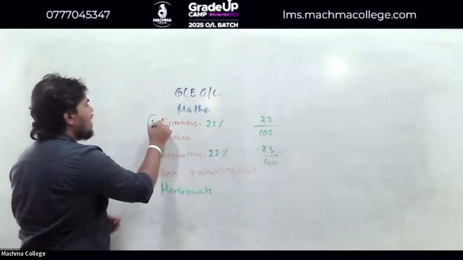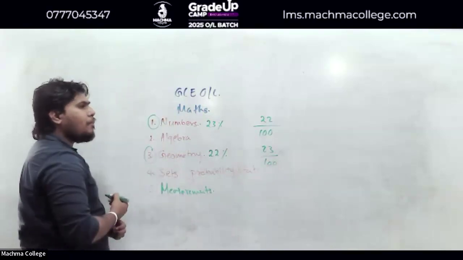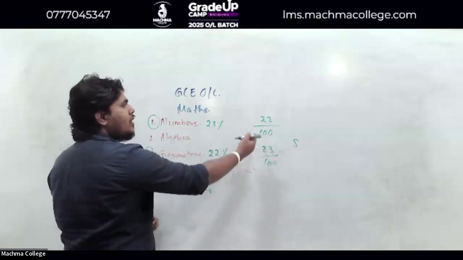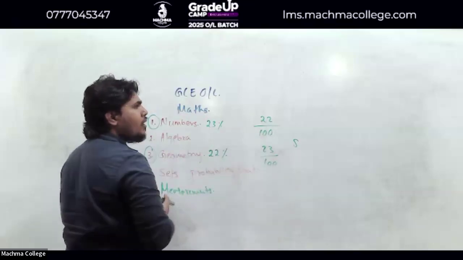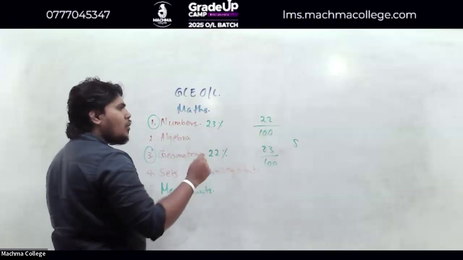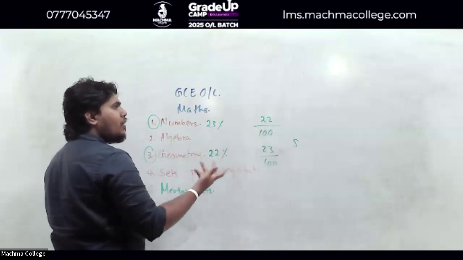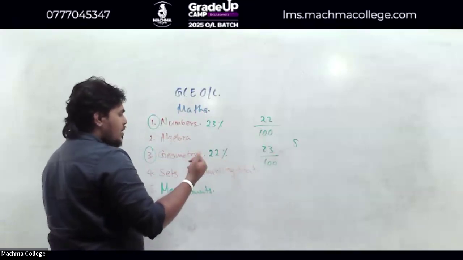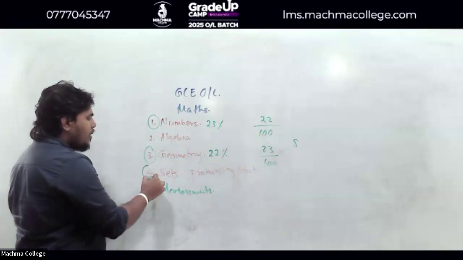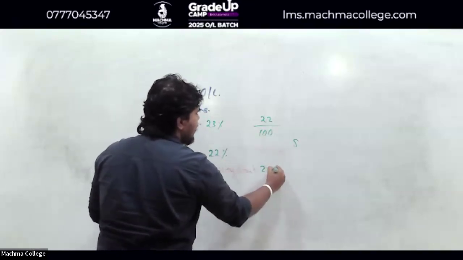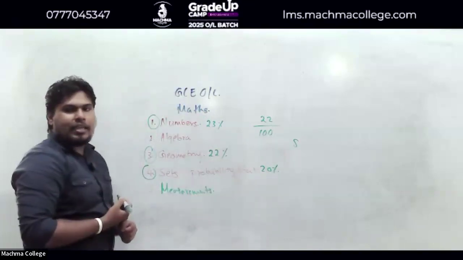So by selecting only the numbers lessons and geometry lessons, if you complete the paper, you already have the S pass with you. It's 22 plus 23, 45. Let's say 35 is the well-known S margin, so that is a 45 S pass. When it comes to sets, statistics and probability, this part contributes 20% in the paper, including both short questions and essay questions.